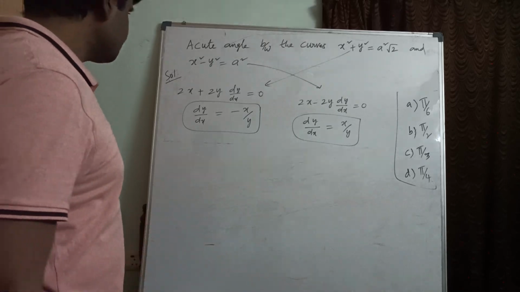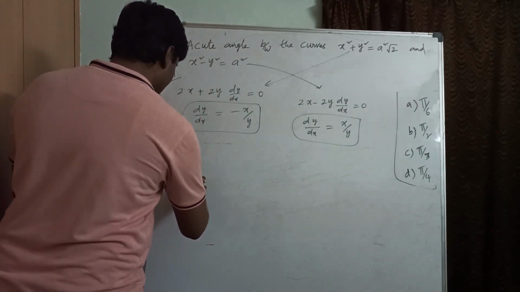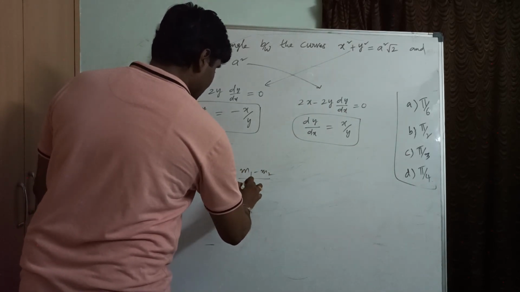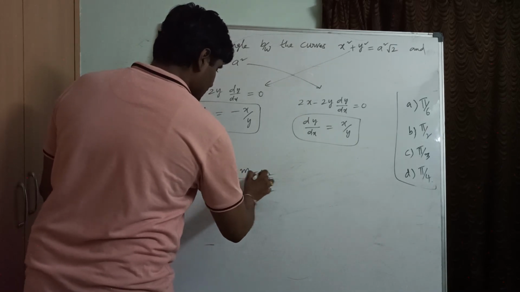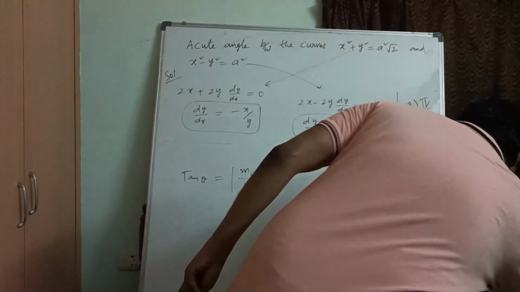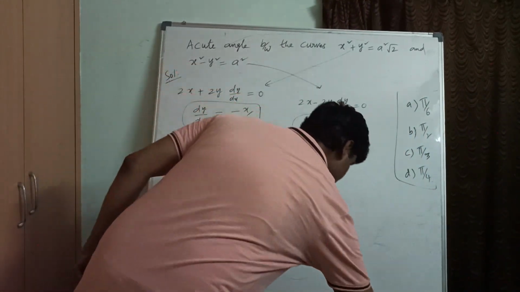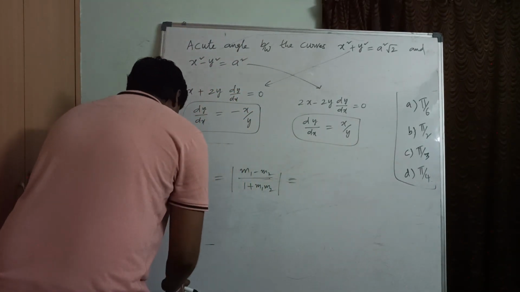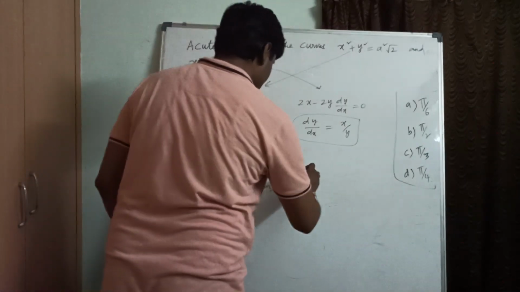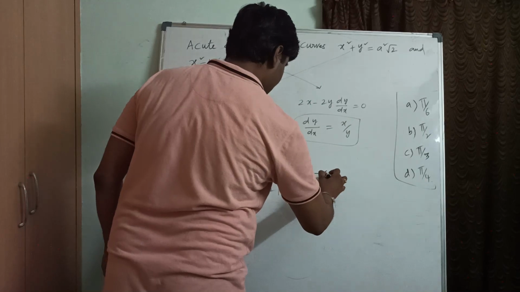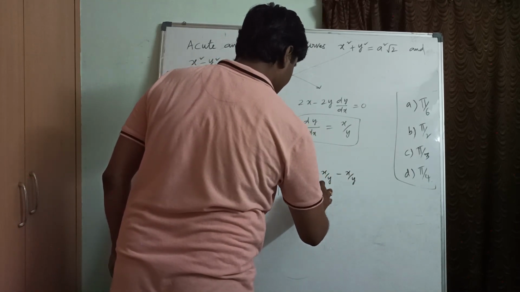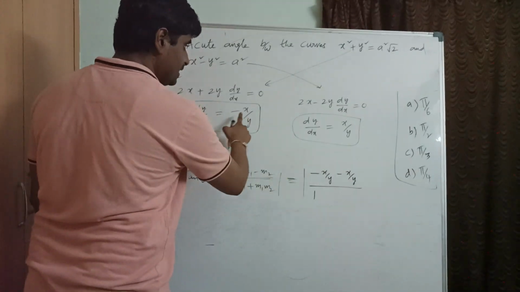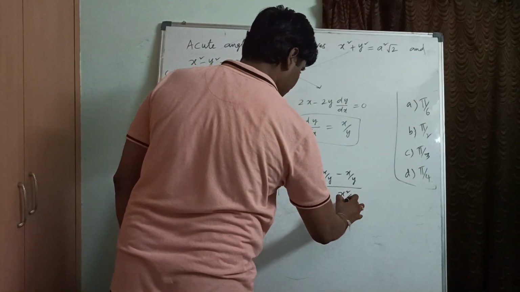Right? So now let us find tan theta. Tan theta equals modulus of m1 minus m2 by 1 plus m1 m2, correct? What is m1 here? Minus x by y, and m2 is x by y. So 1 plus m1 m2 is 1 plus minus x square by y square.